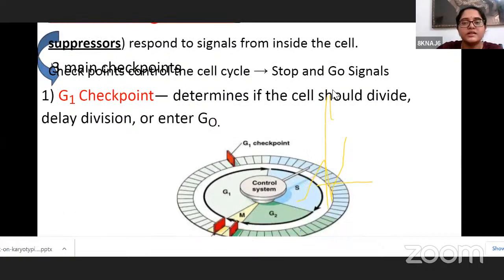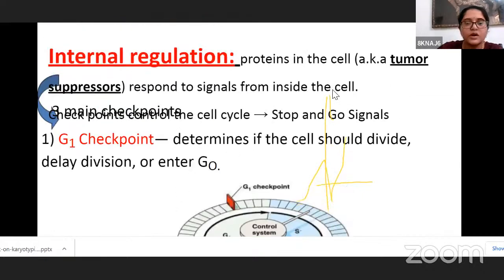So in internal regulation, the proteins in the cells respond to the signals, and then you have certain checkpoints, which are the stop and the go signals. Again, the cell cycle is divided into G1 phase, S phase, G2 phase, and mitosis. In G1, you have checkpoints.